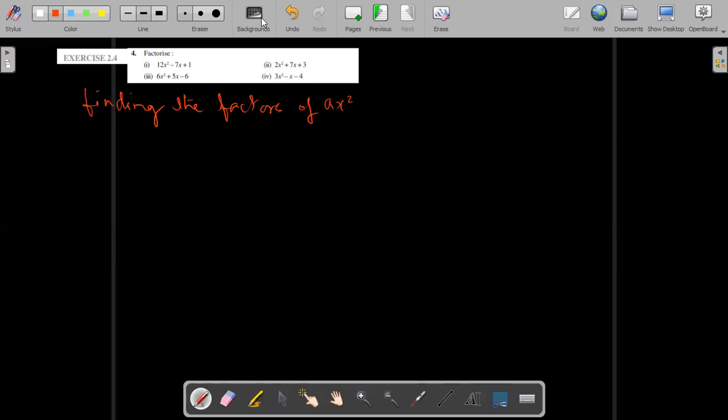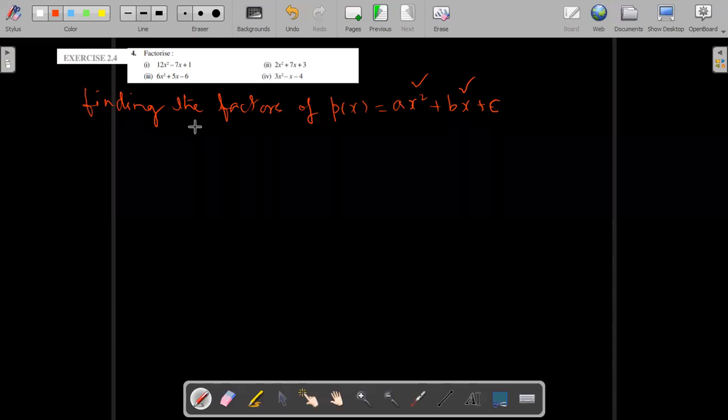Not equation, we are doing polynomials, but the same is applicable for equations. If p(x) is in the form of ax square plus bx plus c, the first term has power 2 on the variable, the second term has power 1, and the last term is the constant term. If the given polynomial is in this form, it is called a quadratic polynomial.